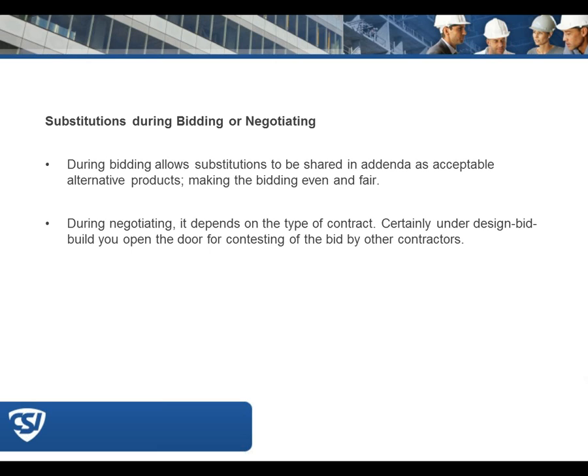During negotiating, it depends on the type of the contract. Certainly in the private sector, maybe it's an easier thing to do than on publicly bid jobs. On a design bid build, though, if you begin to accept substitutions during negotiations, then you're opening the door for a contesting of the bid by other contractors.